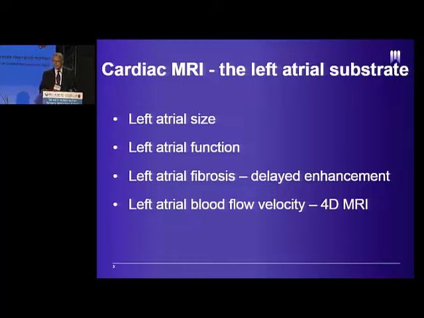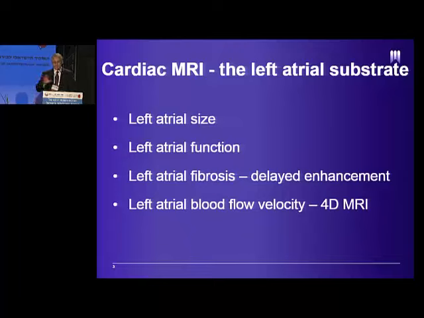Now, cardiac MRI is one tool to do this. There are certainly many other tools, and I think the future will be bright for us once we start to consider the broader evaluation of the left atrial substrate in patients with atrial fibrillation. These are some of the things that you can get from cardiac MRI.